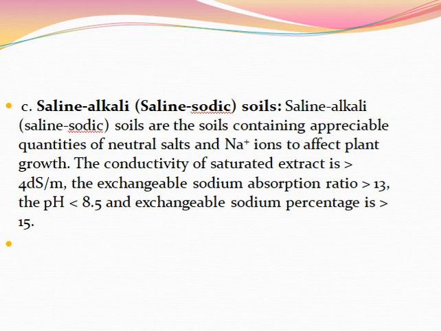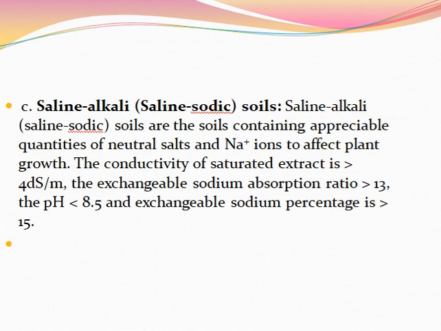The characteristics include electrical conductivity greater than 4 dS per meter, exchangeable sodium adsorption ratio greater than 13, pH less than or equal to 8.5, and exchangeable sodium percentage greater than 15. This is called saline alkali soil.